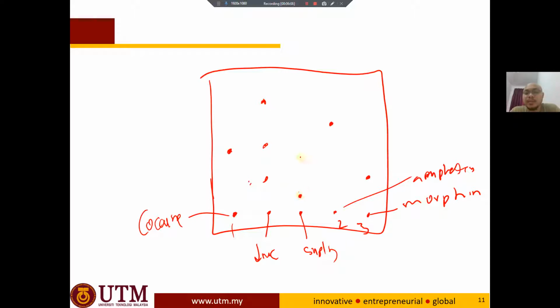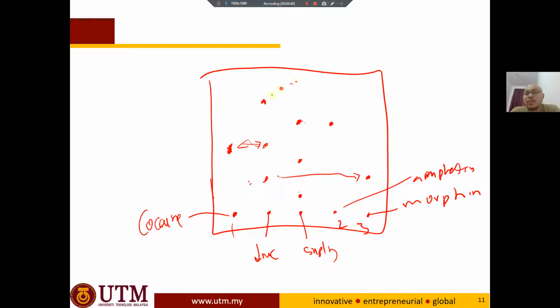For example, if we look over here, the drug addict's sample, this one is about the same level. Maybe because I'm not good at drawing, we can say that from the TLC analysis, the sample from the drug addict also has cocaine, and also morphine.